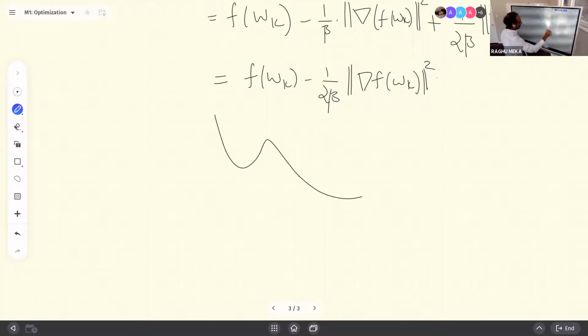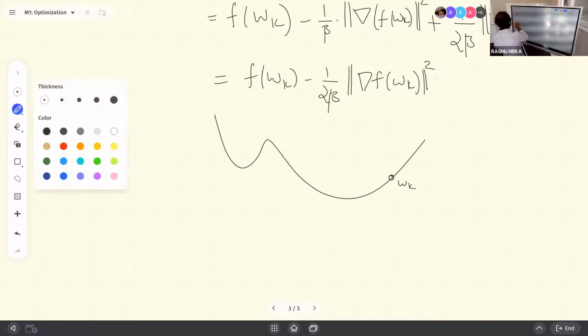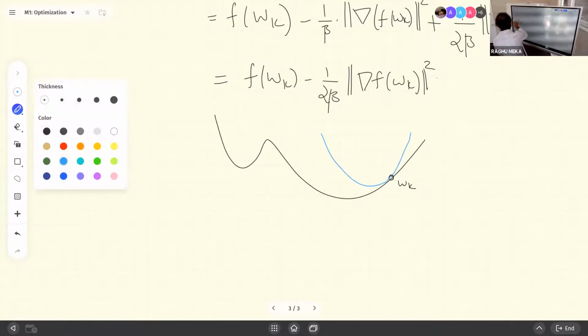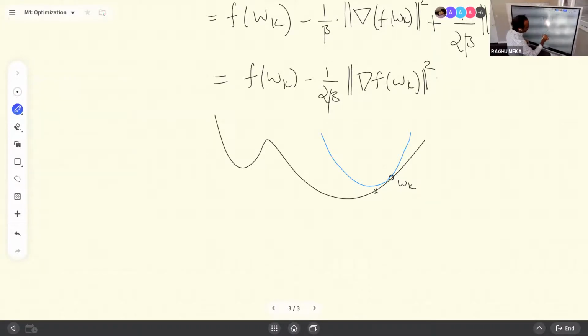Basically, you are maybe somewhere like this, and if this is your WK, this might be your blue line, right? And this is where your WK plus 1 is, okay? And you're computing what's the value of the blue curve on WK plus 1. That's all you're really doing, and using that as an upper bound.